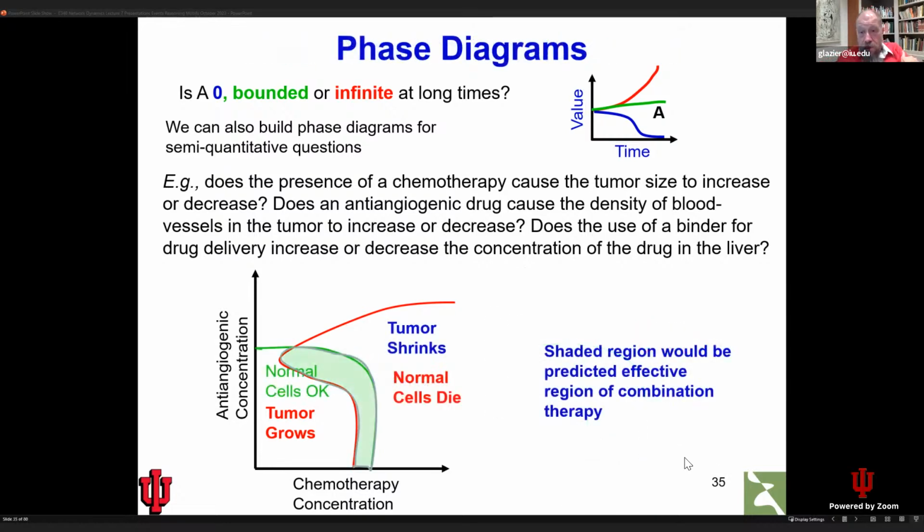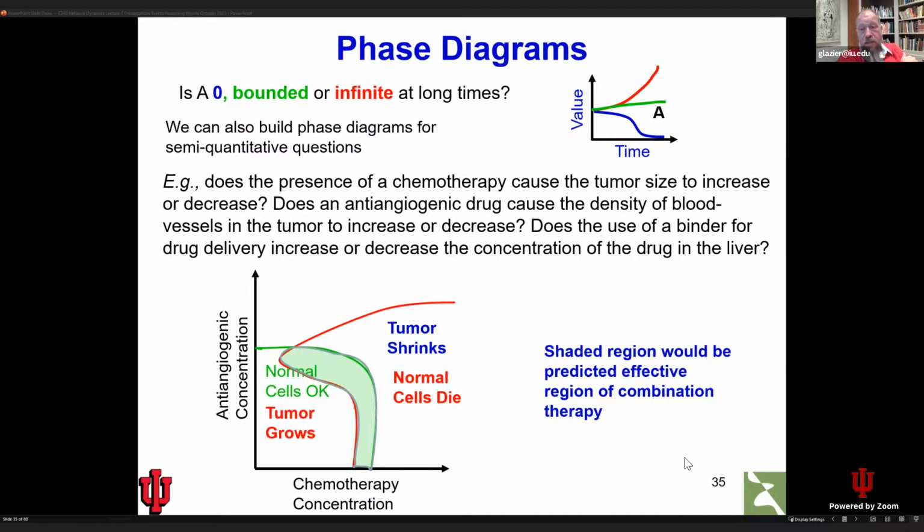Now I put them on top of each other, and now I have a green region, I hope, if I'm lucky, where giving that chemotherapy and that anti-angiogenic therapy, the tumor shrinks, but the normal cells don't die. And that green region then would be the therapeutic region for these drugs. If I was unlucky, no matter, those would be non-overlapping.